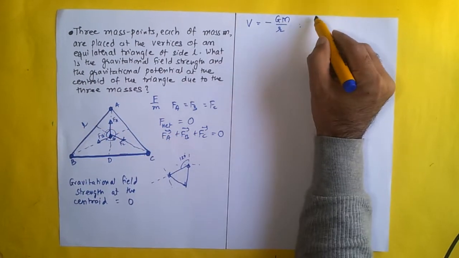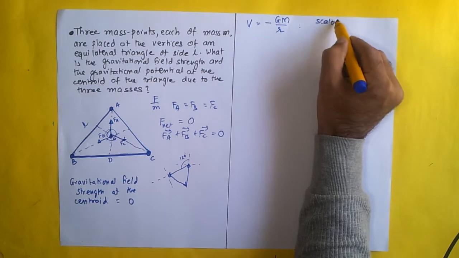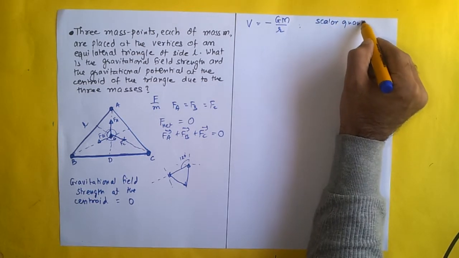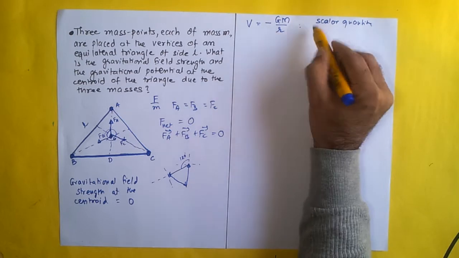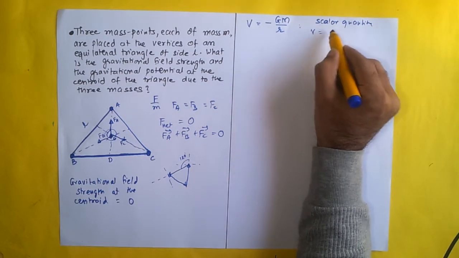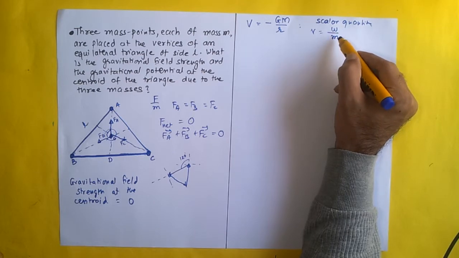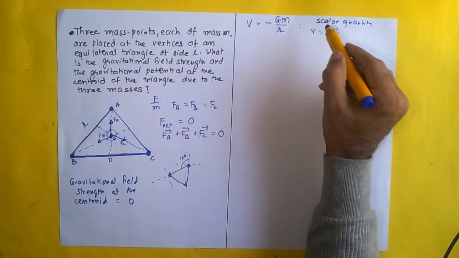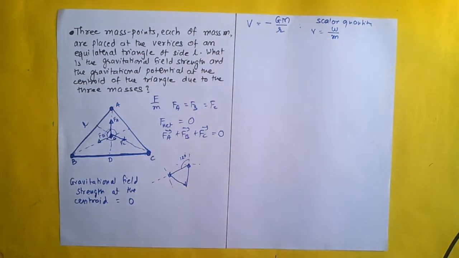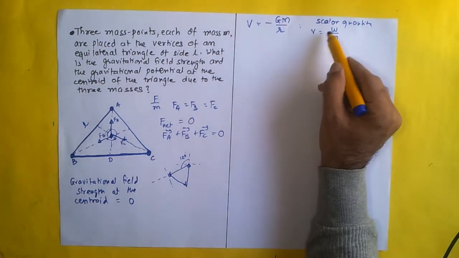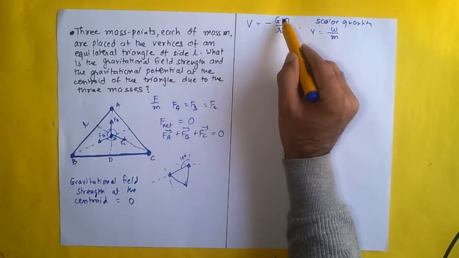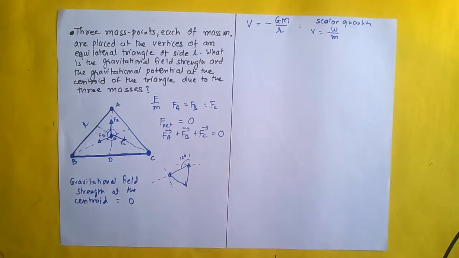We also know that gravitational potential is a scalar quantity, because another formula that we had was work done per unit mass. Now work or energy is a scalar quantity, mass is also a scalar quantity. Therefore, gravitational potential is a scalar quantity. It does not have a direction. So V is equal to W upon M, or V is equal to minus Gm upon R.